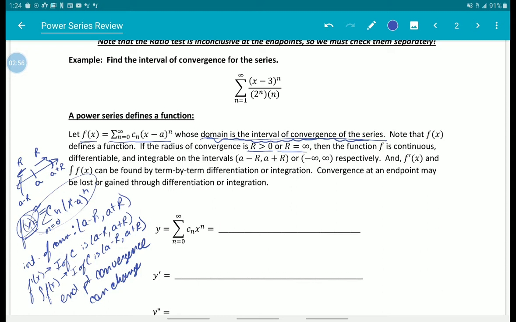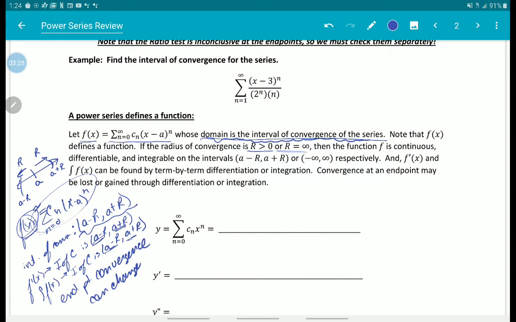In the last problem, recall, we found the interval of convergence to go from 1 to 5, but we had to test what happened at 1 and what happened at 5 in that series to see whether or not it converged. So we would have to do the same thing here. We would know the basics, but we would have to determine what happens at the left and the right endpoint if we differentiated or integrated.